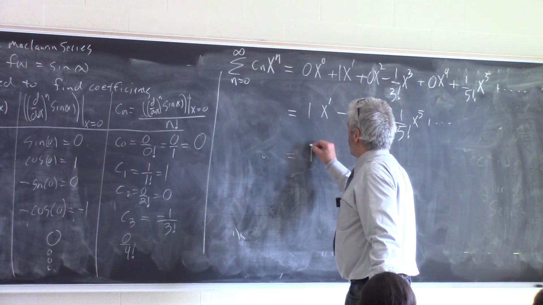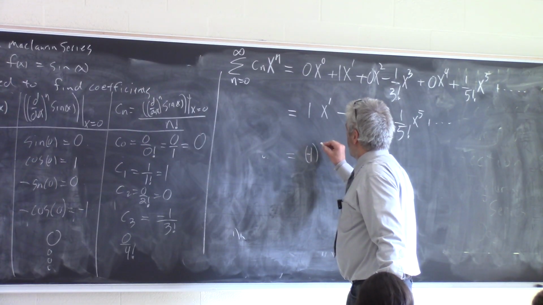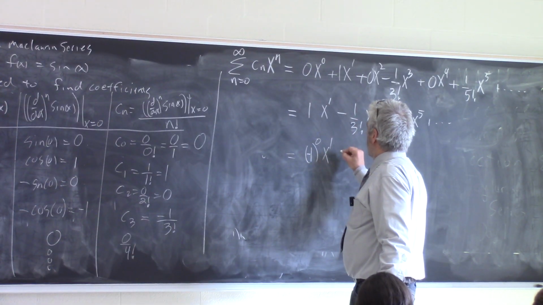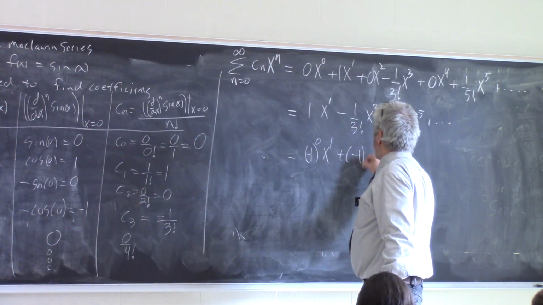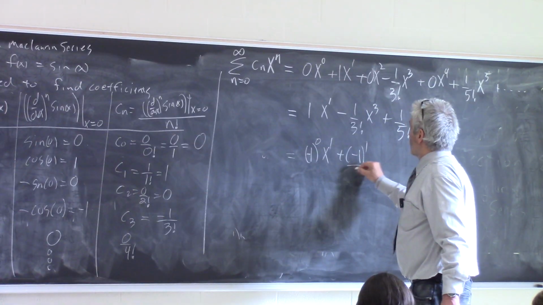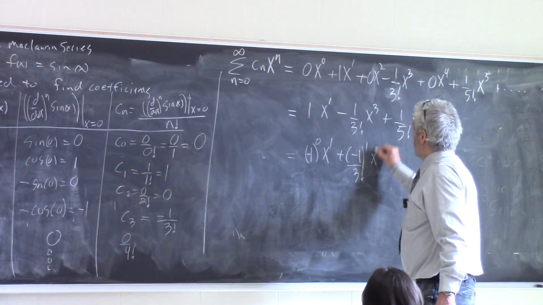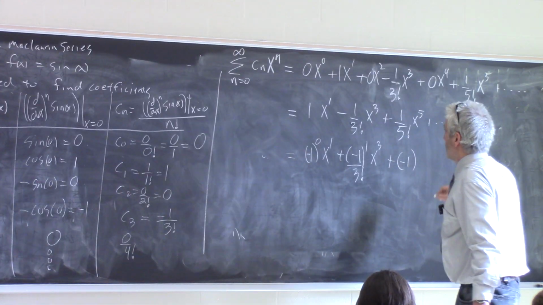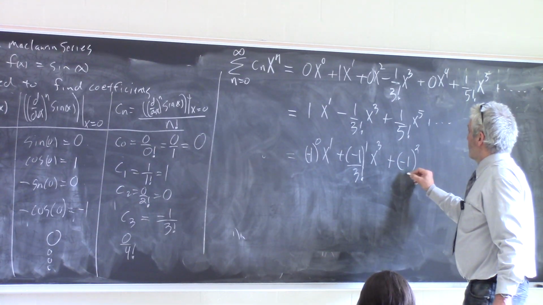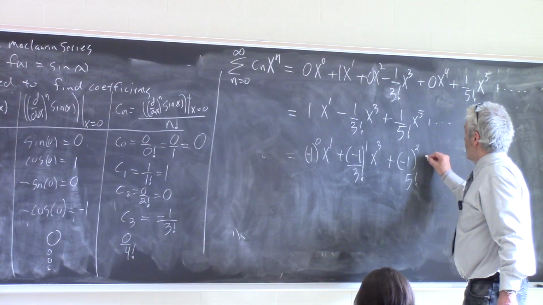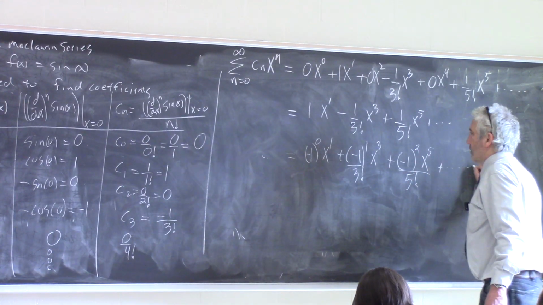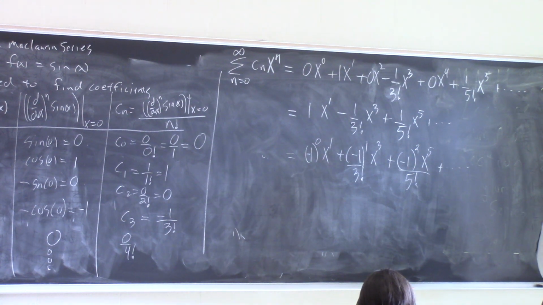So this is minus 1 to the 0 times x to the 1, plus minus 1 to the 1 power over 3 factorial x cubed, plus minus 1 squared over 5 factorial x to the 5th, and so forth. The reason I want to do that is I want to have a formula for these coefficients.